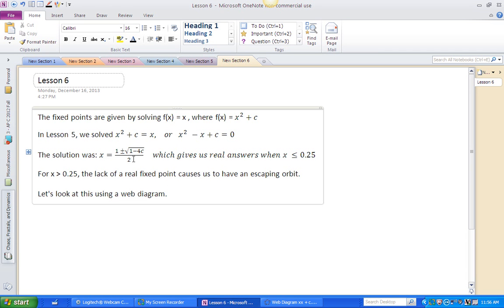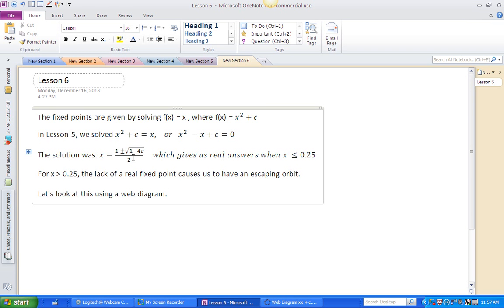We got our solution, x = (1 plus or minus the square root of 1 minus 4c) over 2. In order for that to have real solutions, and that's all we're looking at right now, c has to be less than or equal to 0.25 in order for the value under the radical to be greater than or equal to 0. Which means that for c greater than 0.25, we don't have a real fixed point, and so we have an escaping orbit.